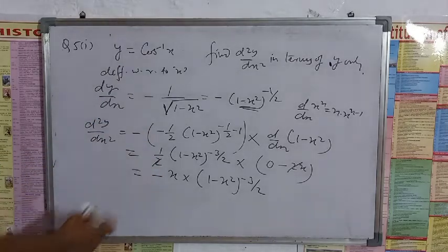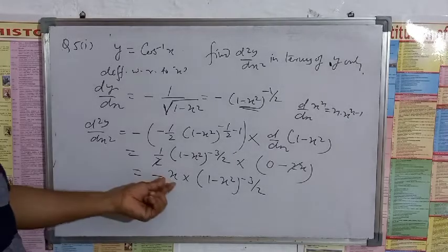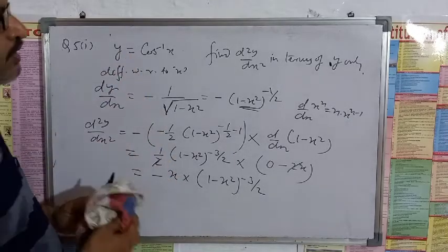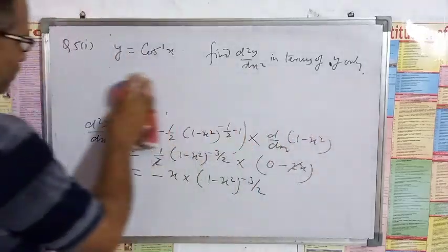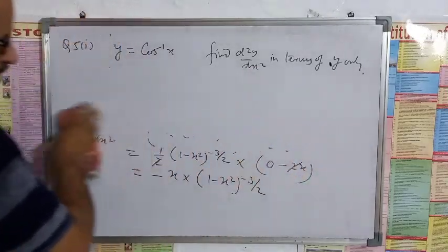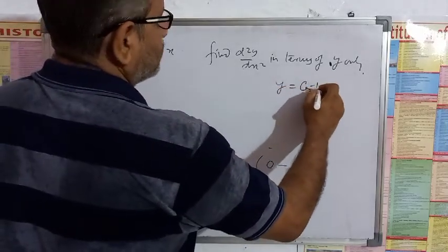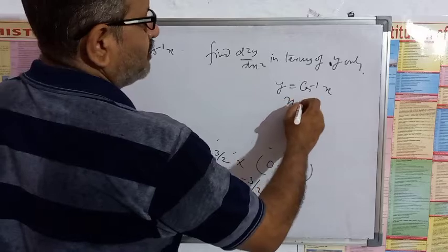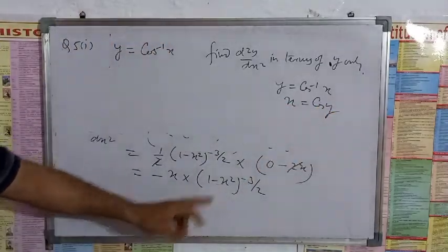So in place of x, we have to replace x in terms of y. So y is equal to cos inverse x. So what will be x? It will be cos y.